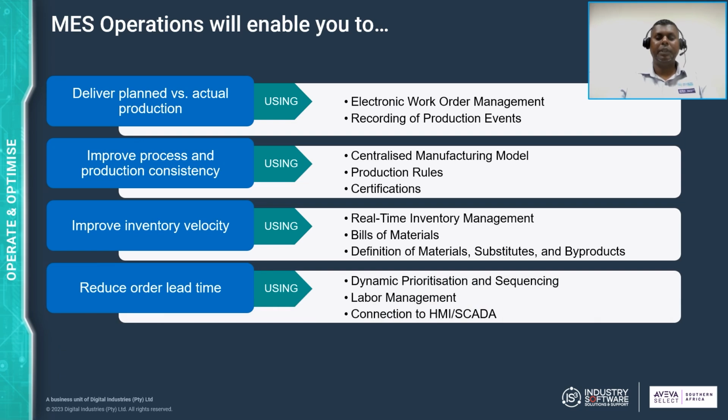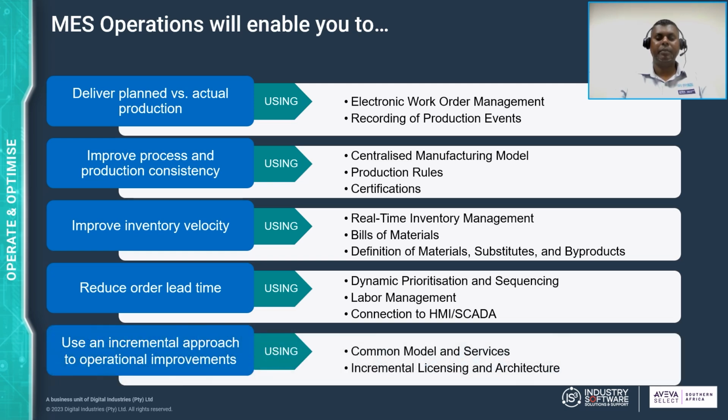Reduce order lead time using dynamic prioritization and sequencing, labor management, and connection to HMI and SCADA. Use an incremental approach to operational improvements using common model and services, increment licensing, and architecture.